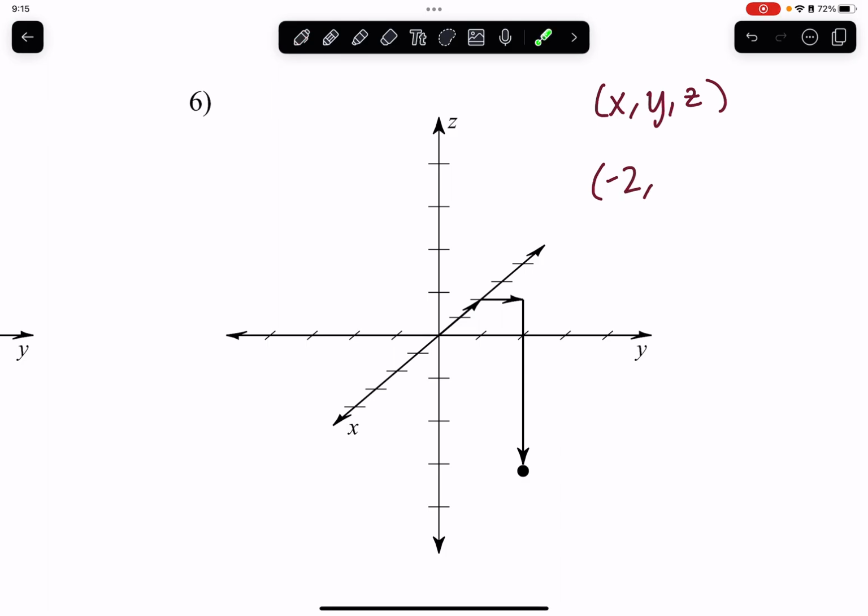Then I look at my y. And this is where, again, sometimes people can get this a little bit messed up, because you may be tempted to connect this line straight down from this arrow and say, oh, well, it crosses at 2. It does not, because you have to keep it parallel with those marks. Notice how these little tick marks, they're not straight up and down. They're at an angle. So it may be helpful for you to extend out those lines, right?